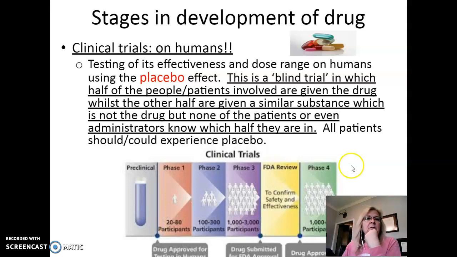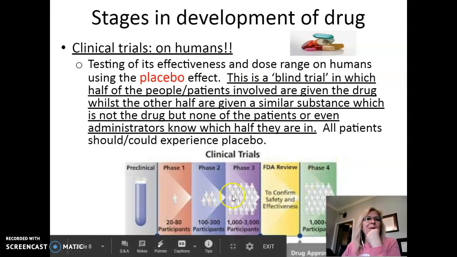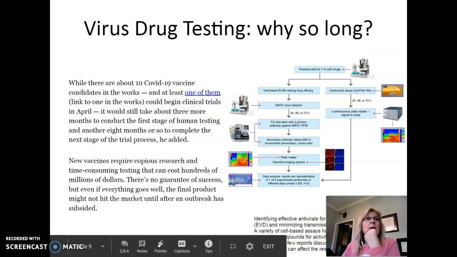So my understanding right now is that we are somewhere between phase 2 and phase 3 right now, and that with these number of participants being significantly higher than we would normally expect in the clinical trial process.